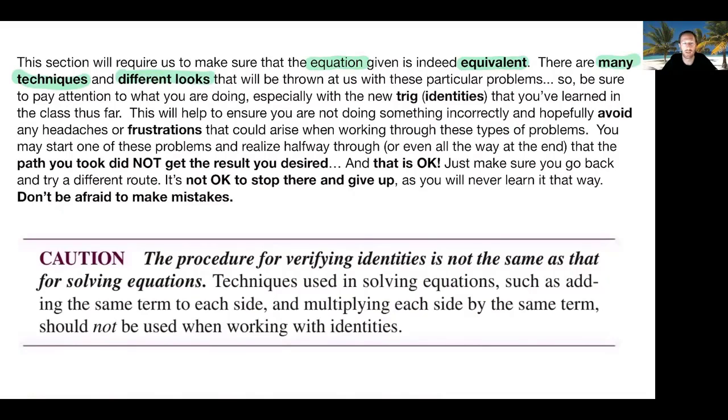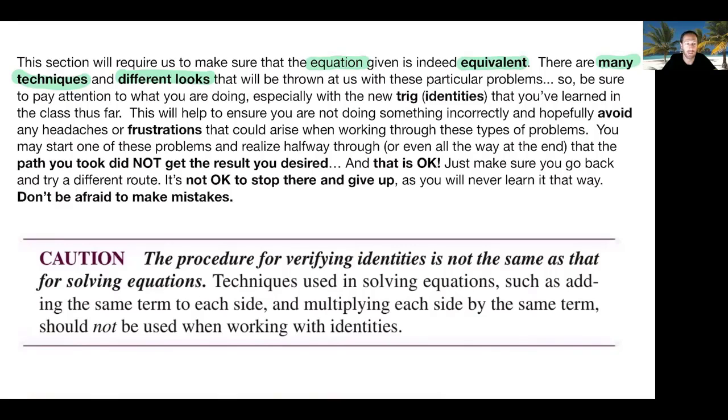You could be sitting in a classroom next to your neighbor, and they do it a completely different way, and that's okay. All right, just make sure that you pay attention to what you're doing and apply the new identities. And again, I'll put air quotes around new. A lot of them are stuff that we've already talked about. We're just going to have them by name now: Pythagorean, reciprocal, things like that.